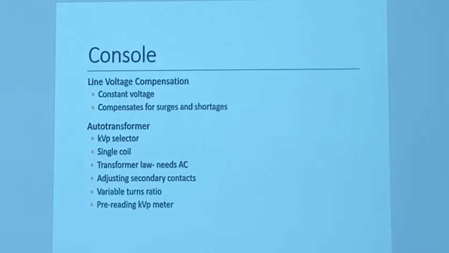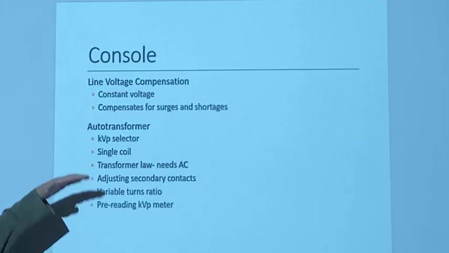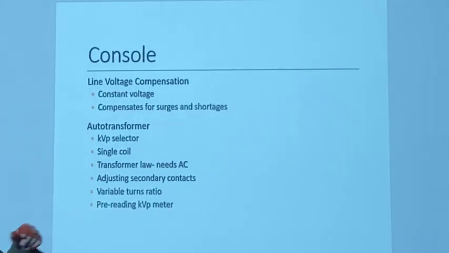And what we have to make sure our KVP is going to be right is what we call a pre-reading KVP meter. A significant difference, not the significant difference, but a significant difference between an auto transformer and a high voltage transformer is a high voltage transformer has 2 coils and the ratio is set.